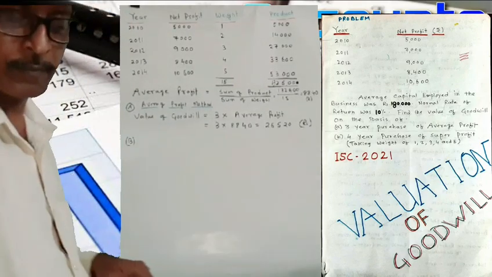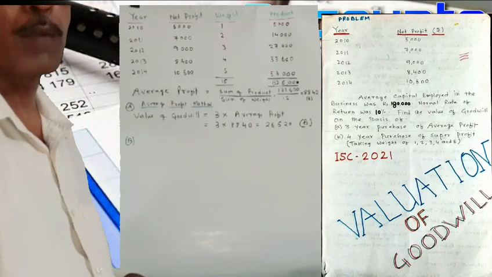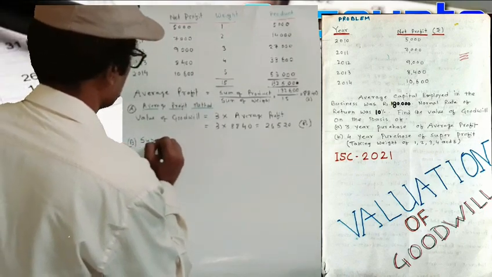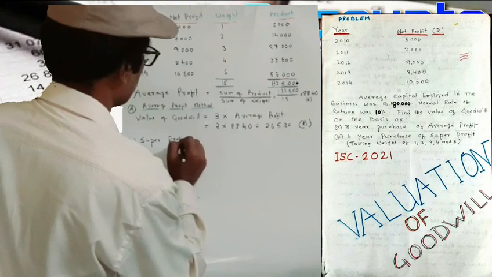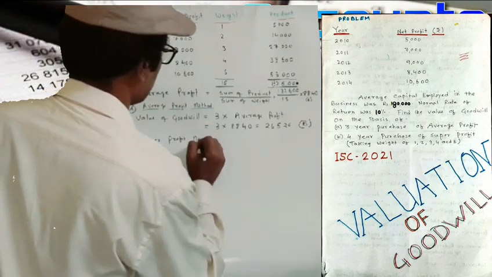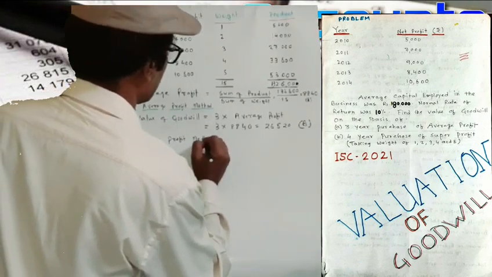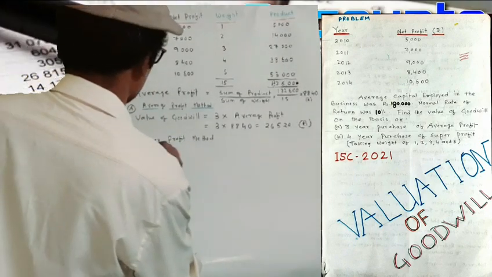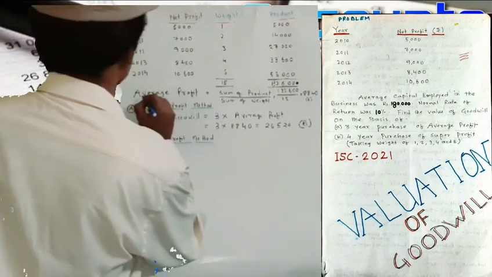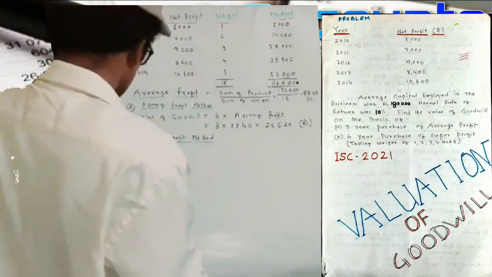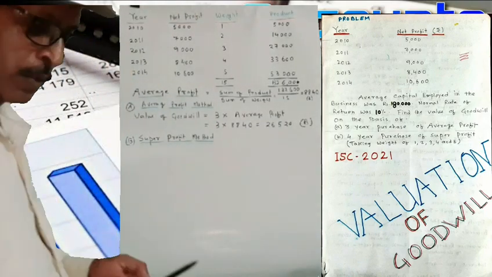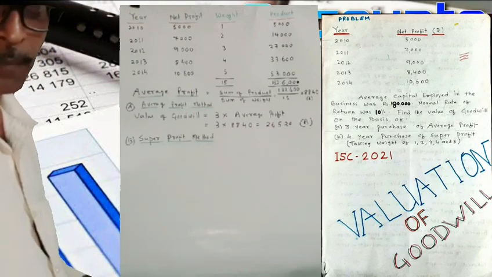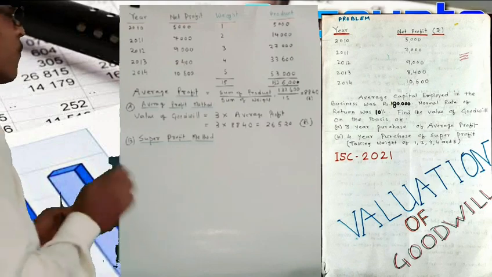Part B, 4-year purchase of super profit, that is the super profit method. That means 4 into super profit.